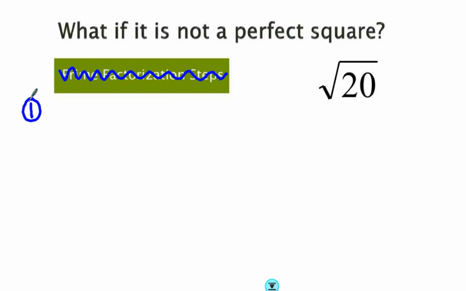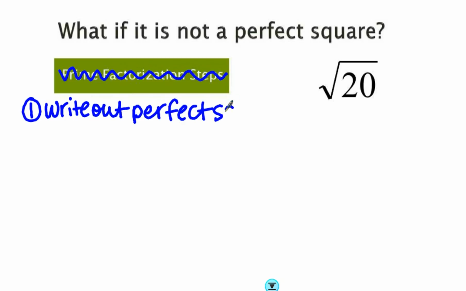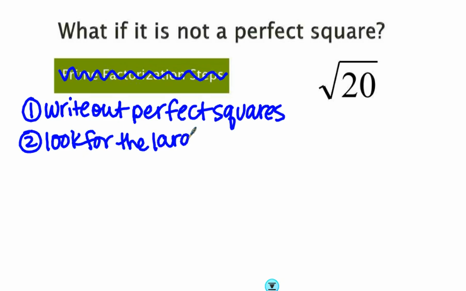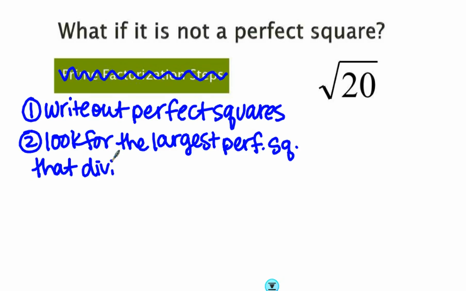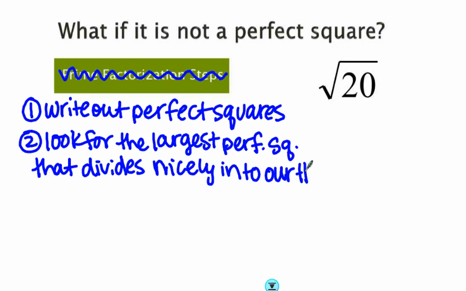So these are going to be our steps for figuring these out. First, we're going to write out our perfect squares. Second, we're going to look for the largest perfect square that divides nicely into our given number.